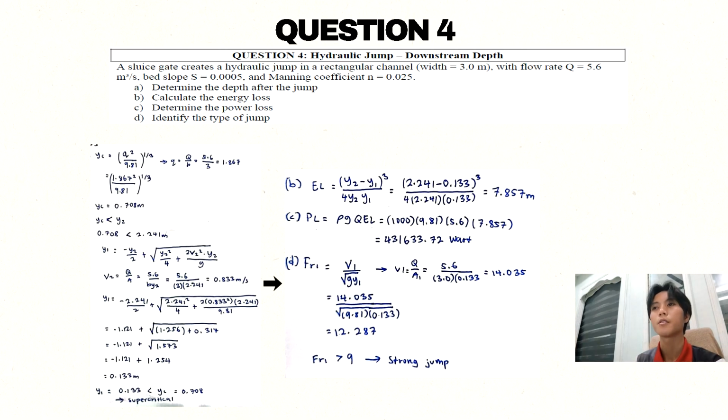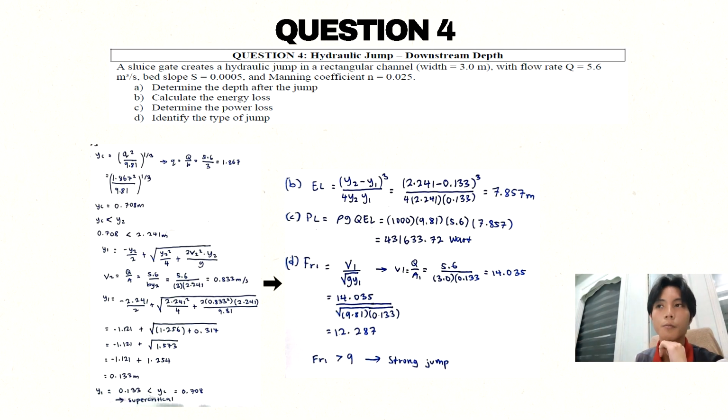So the next step is to find the energy loss. By using the formula y2 minus y1 to the power of 3 over 4 times y2 times y1, the final answer will be 7.857 meters. So for C, we will be finding the power loss.